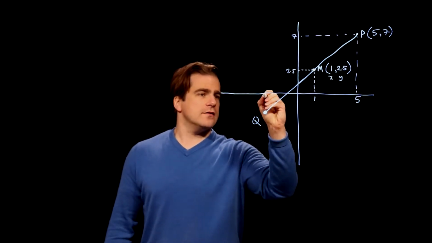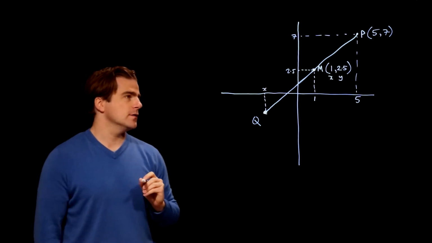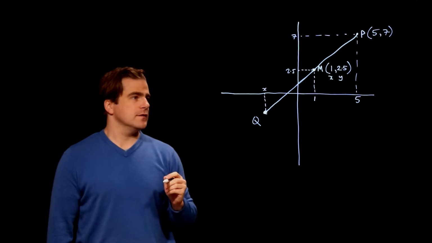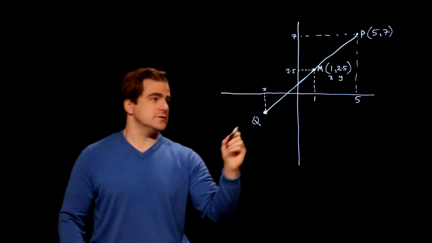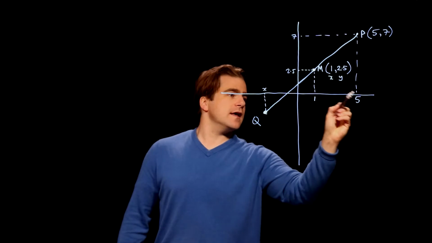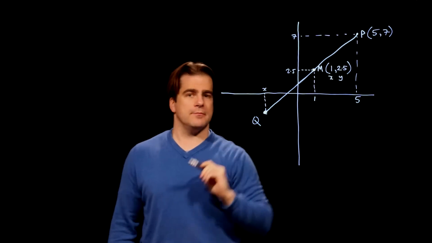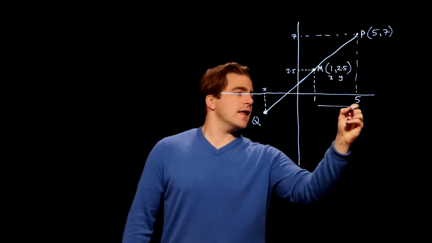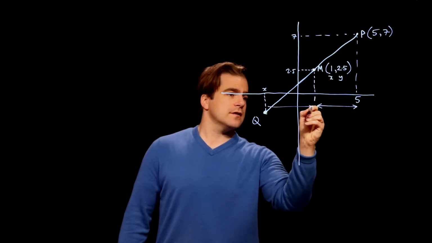So to find the x coordinate of Q, if M is halfway between Q and P, that means the x coordinate of M is halfway between Q and P, which means that P is the same distance along the x-axis to the right as Q is to the left from M. So if we just work out that distance, then it's going to be the same as that distance.